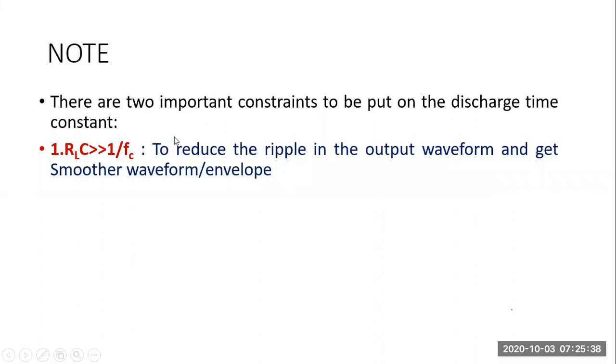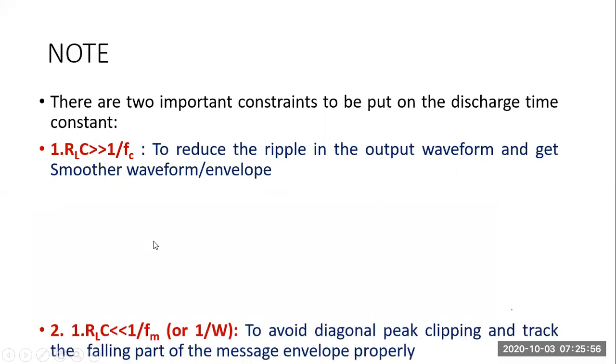So what are those conditions or constraints to be put on RL × C? First, it should be much greater than 1 by Fc, the carrier time period. This is to reduce the ripple in the output waveform and to get a smoother shape of the message signal.